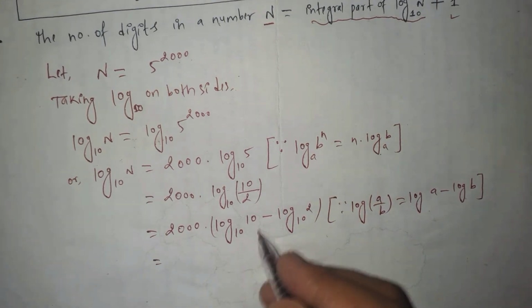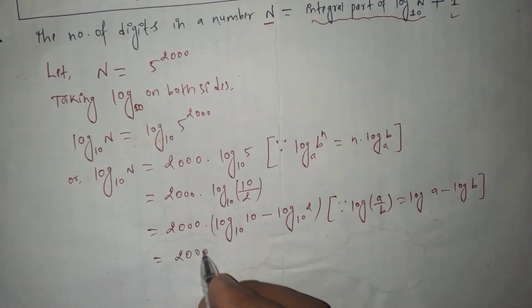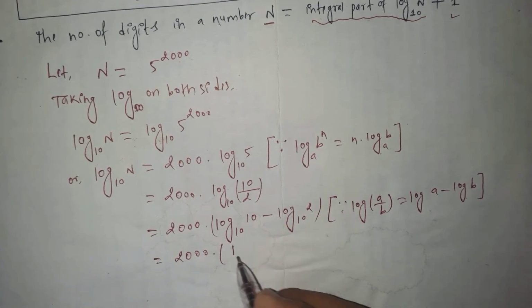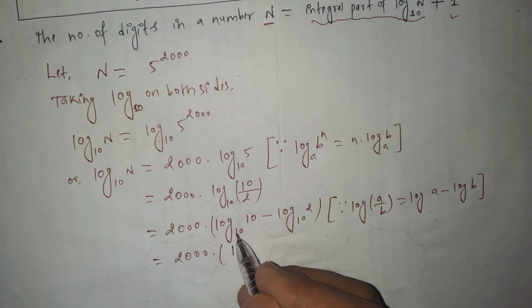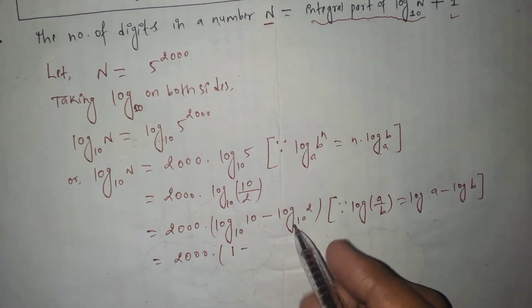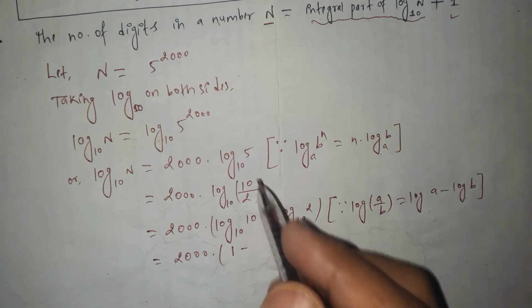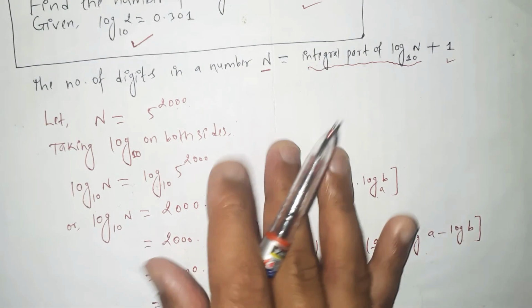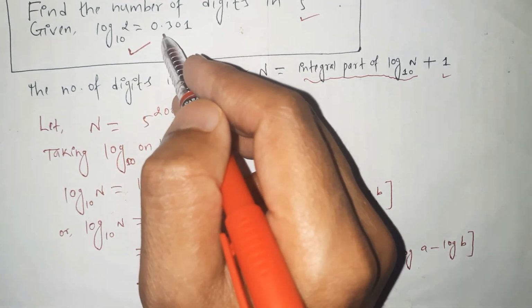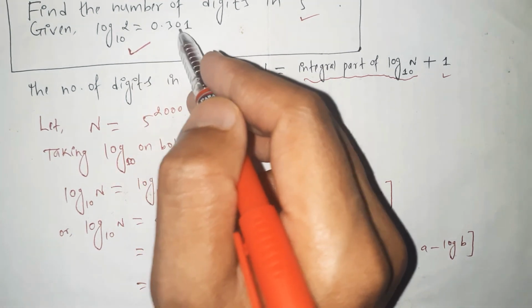Let's calculate the value here. 2000 times log with base 10 of 10 is 1. If the argument and the base of the logarithm are equal, then the result will be 1, minus the log of 2 with base 10, which is given. The value of the log of 2 with base 10 is given as 0.301.